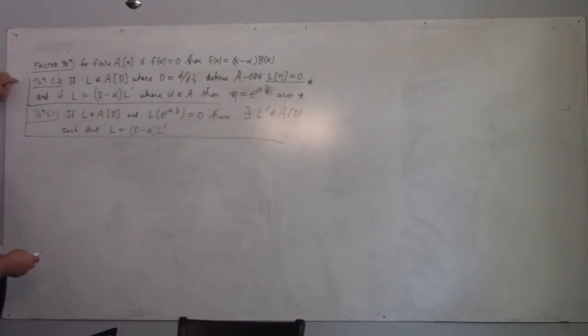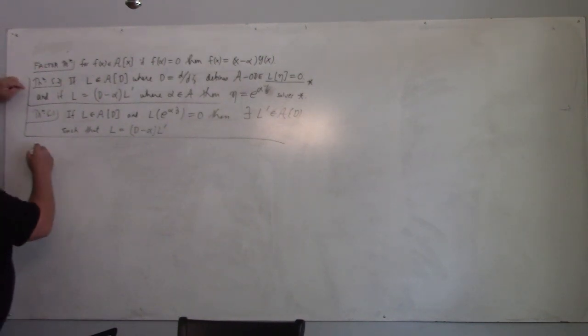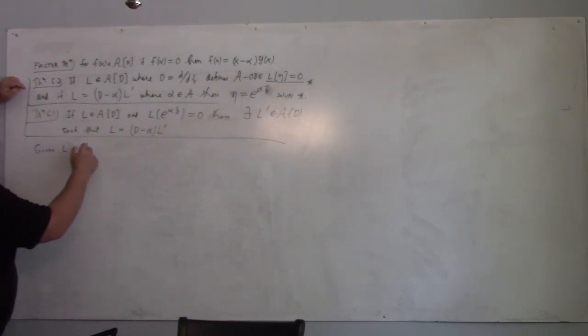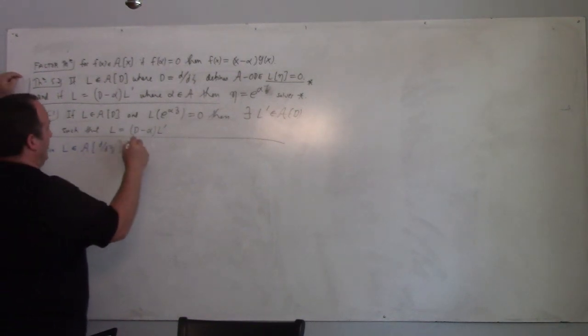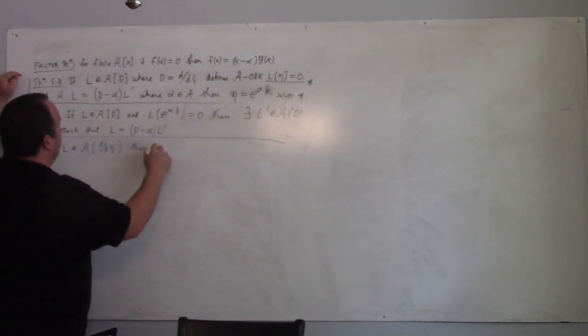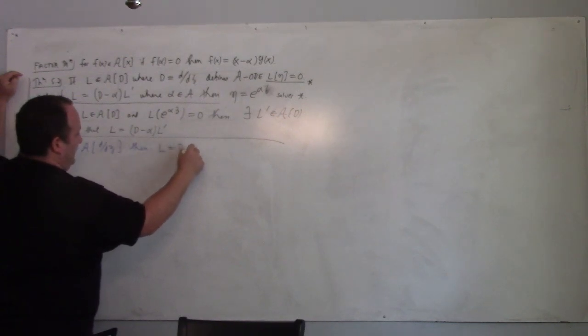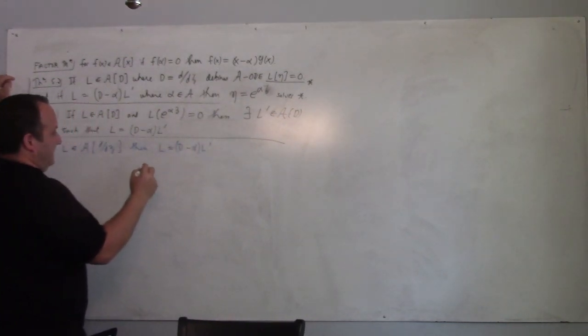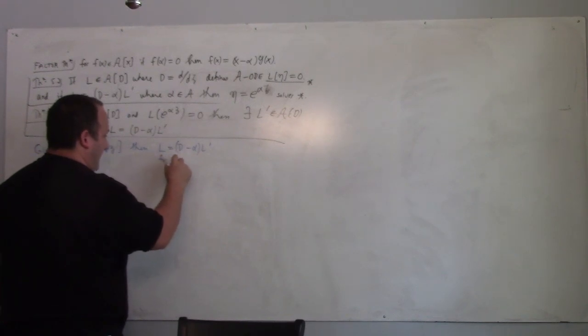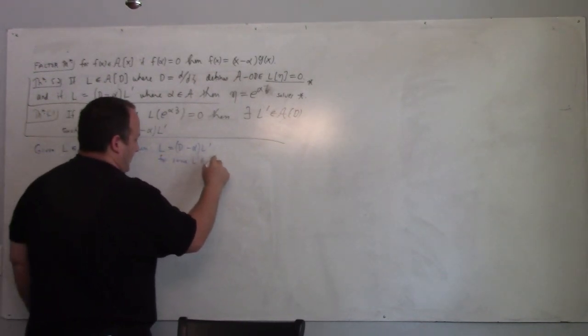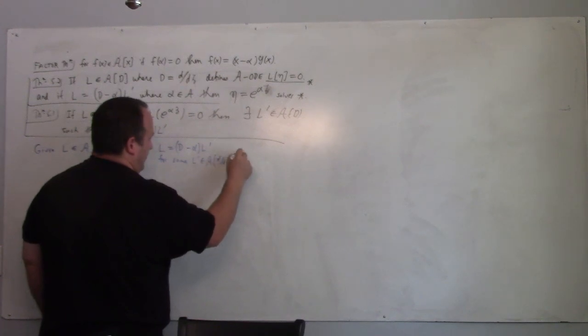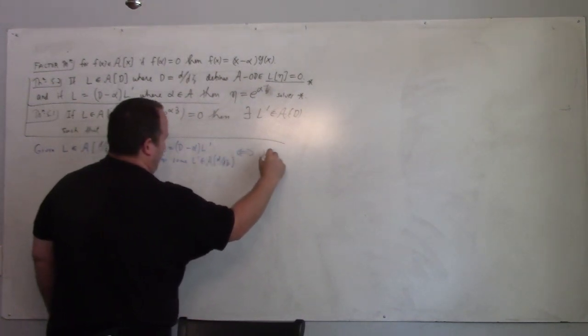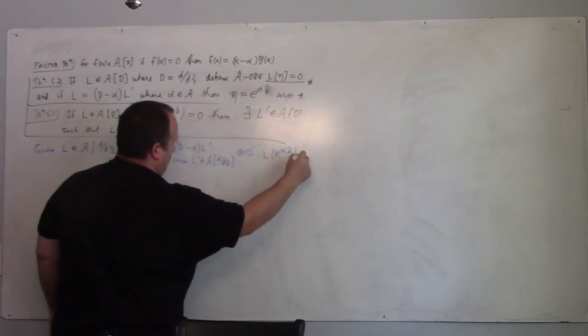But I think it's just this: given L in the polynomials over the differentiation operator, then L is equal to d minus alpha L prime for some L prime in the polynomials in the differentiation operator, if and only if L of e to the alpha zeta equals 0.